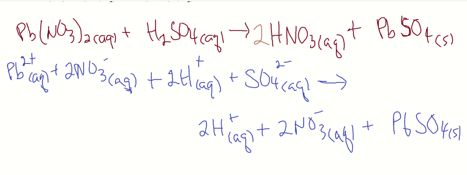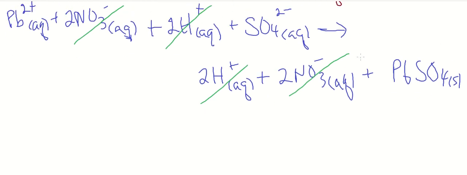All right, let's cancel out the spectators. They're going to be the ones not participating. So your nitrates don't participate and your protons don't participate. So let's rewrite what's left.